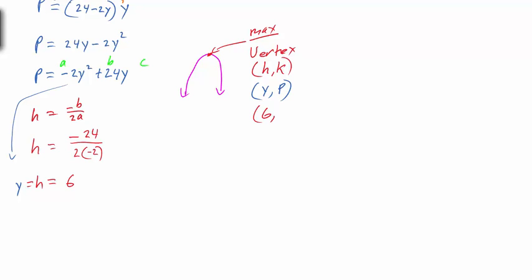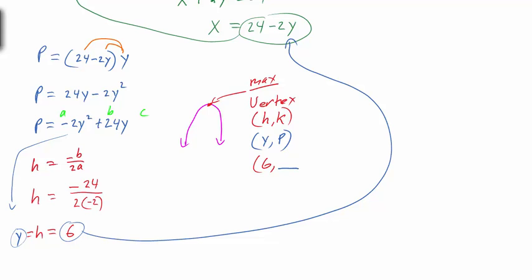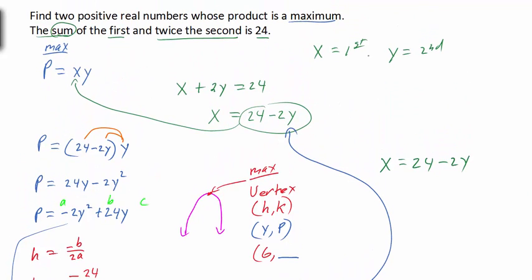Now, once again, for this problem, we're not really concerned with this coordinate here, because we know that if h is equal to 6, that is a y value. We want to take this y value, which is 6, and substitute it back into this equation here. So we have x equals 24 minus 2y. Now, why are we doing this again? Because we're looking for x as our first number, y as the second.